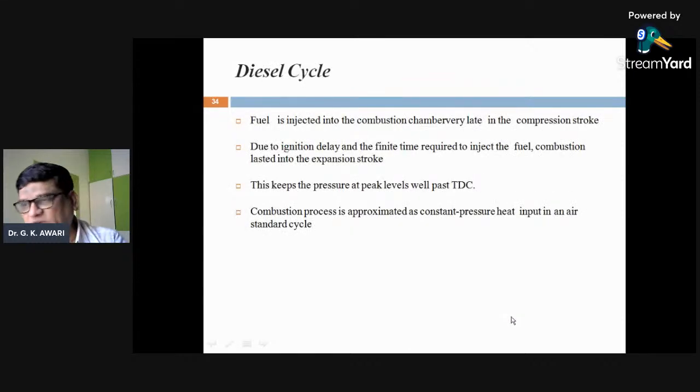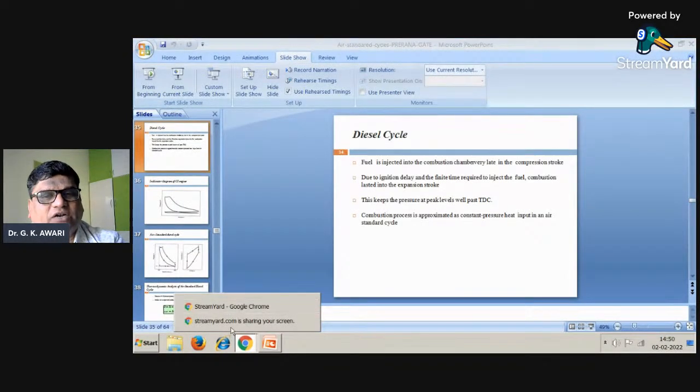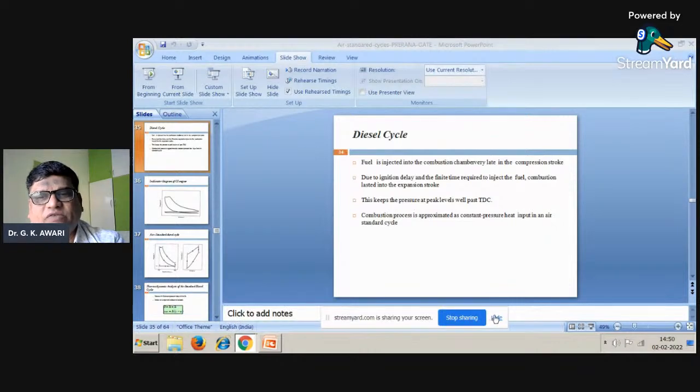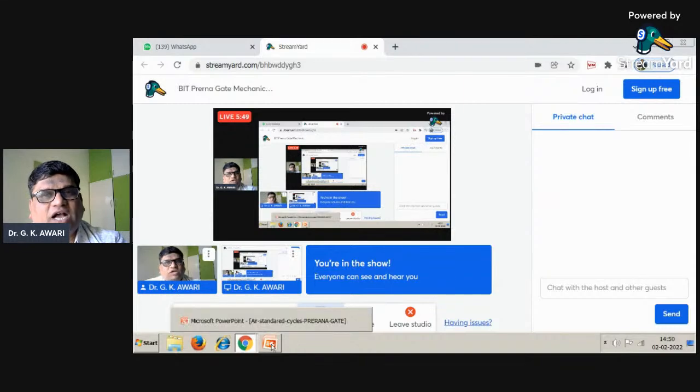This part we discussed in yesterday's session, starting with the air standard cycle and the Otto cycle. Now I am going to move further with the diesel cycle, because as per the contents, we will take up the Otto cycle, then cover the diesel cycle, then go to the dual fuel cycle.